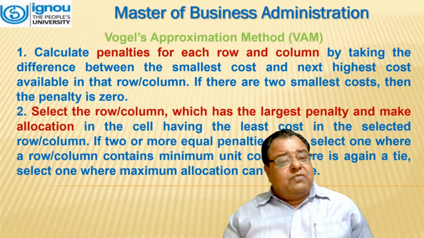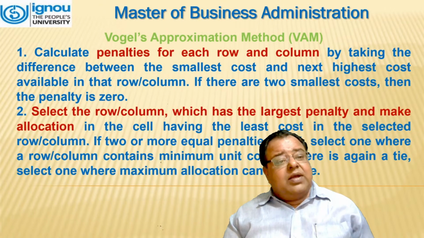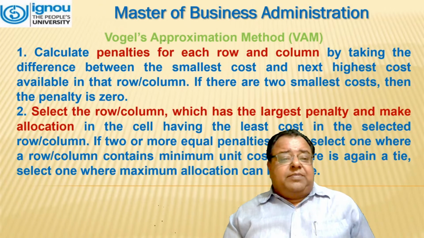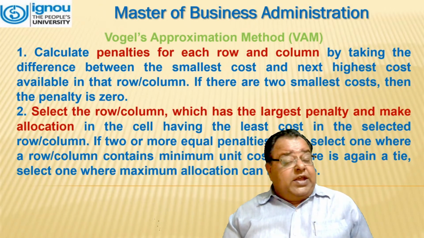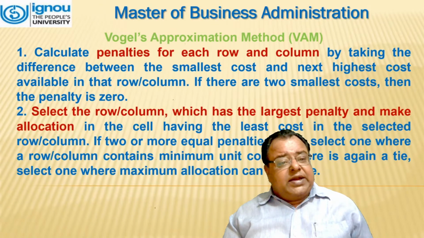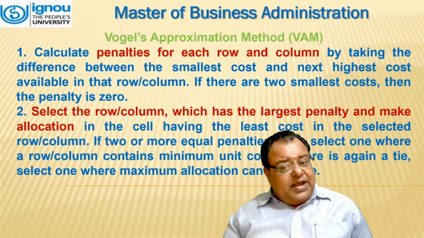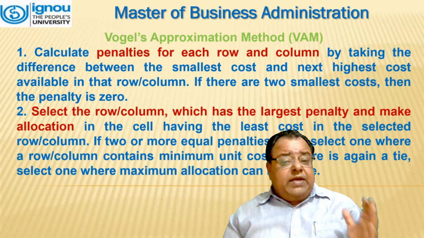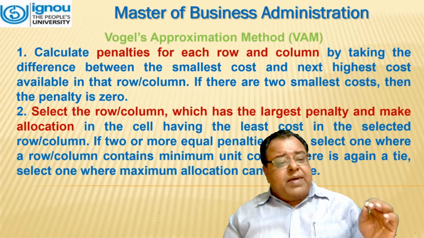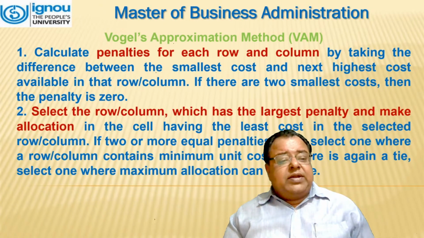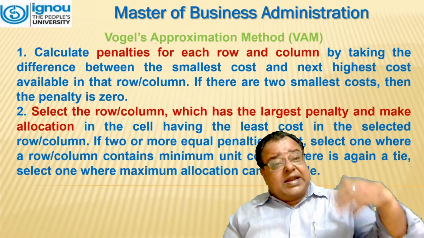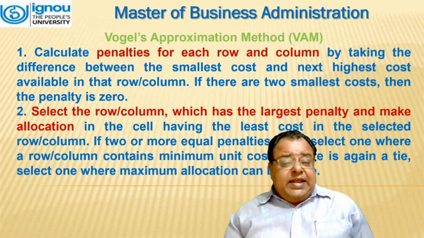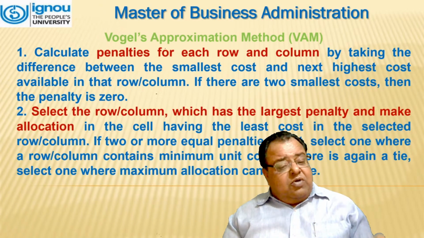Second is Vogel's approximation method. What is the procedure of solving the problem with this method? Step one, calculate penalties for each row and column by taking the difference between the smallest cost and the next highest cost available in that row or column. If there are two smallest costs, then the penalty is 0. Second, select the row or column which has the largest penalty and make the allocation in the cell having the least cost in the selected row or column.